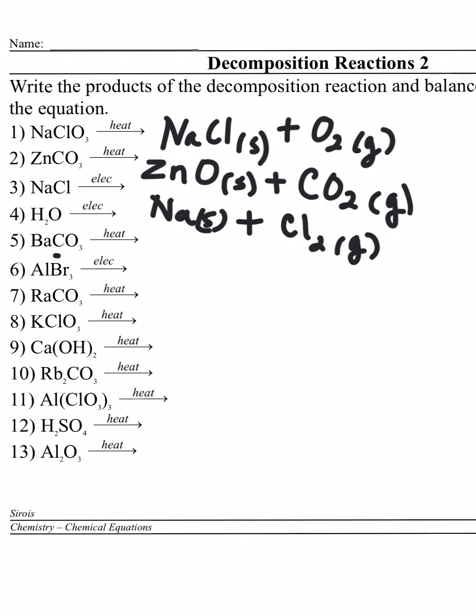Again, if you have a carbonate, here's the rule. The rule is that you'll get carbon dioxide out and an oxide of the metal that you've got. So what you'll have is barium oxide, and then you'll also create some CO2 gas. Okay? Barium oxide will be a solid.